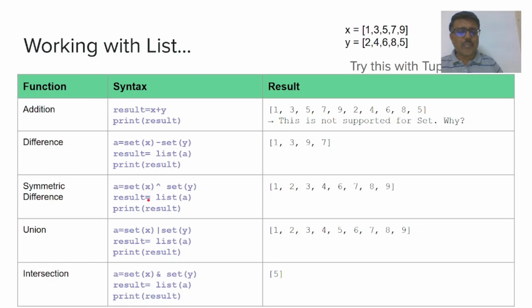Symmetric, as I said, whatever is common will be ignored, and then the remaining will be shown here. So again I can use that list value, convert it into set, and then do that. Similarly, this y also I convert into set and do it here. And union means whatever things are available in both, you are just taking it here.